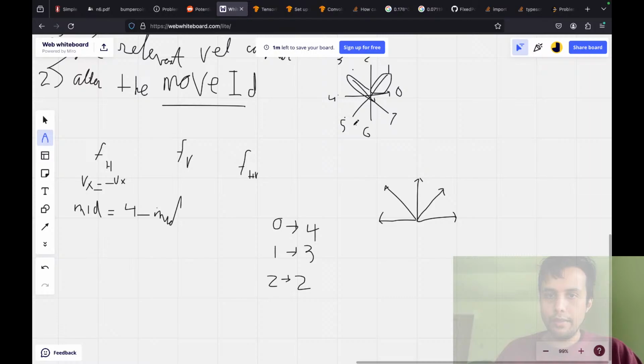So let's consider 5, right? 5 goes to 7, right? This ID here will still have a downward flavor for the y side, so we're still in the south hemisphere, but rather than having a bit of a left component, it's going to have a right component. Oh wait, we did 0, 1, 2, 3, 4, and then 5. Oh yeah, these things are bidirectional. We've done 0, 1, and 2, and by virtue of doing 0 and 1, we've also done 3 and 4.